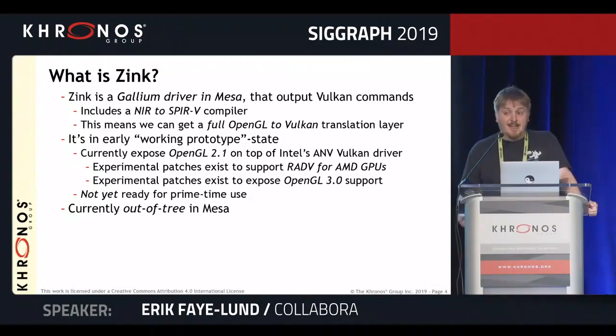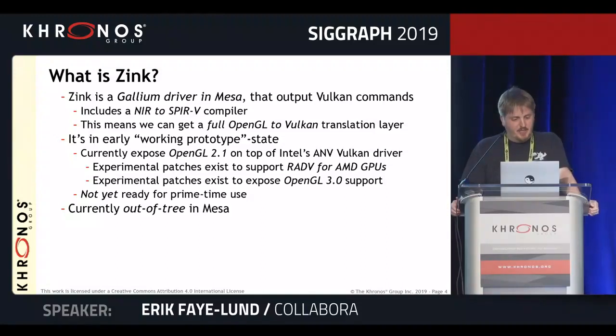So Zink is a Gallium driver in Mesa, and it outputs Vulkan commands rather than a command buffer for a normal GPU. It includes a NIR to SPIR-V compiler, and when we put all of these things together, we have a fully functional Vulkan to OpenGL translation layer. It's currently in early prototype stage.